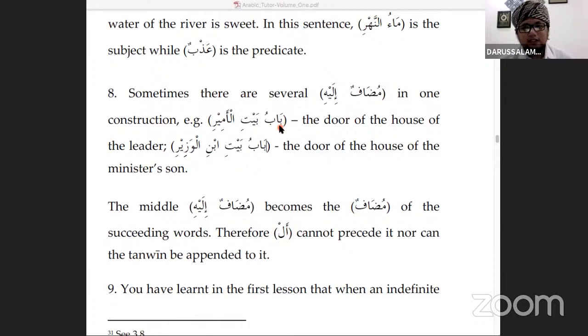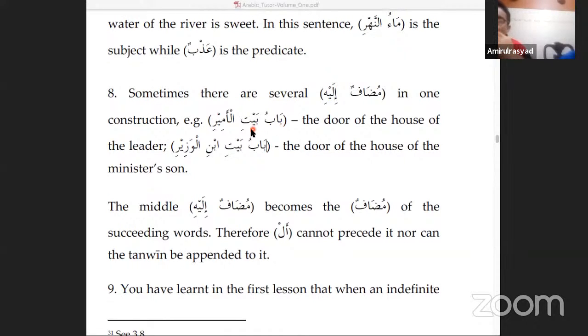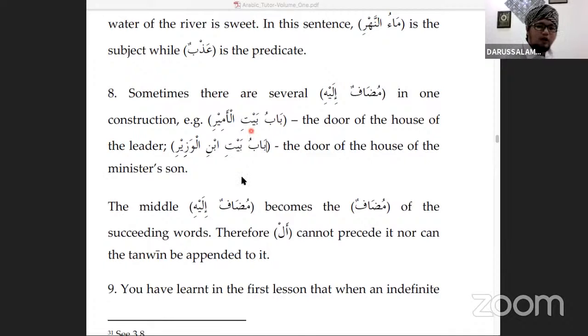Bab is the mudaf, and bait is the mudaf ilayh. This mudaf ilayh is also mudaf to the next bit, al-amir, and al-amir is mudaf ilayh. You understand? Mudaf ilayh, which is also mudaf, and this is mudaf ilayh.